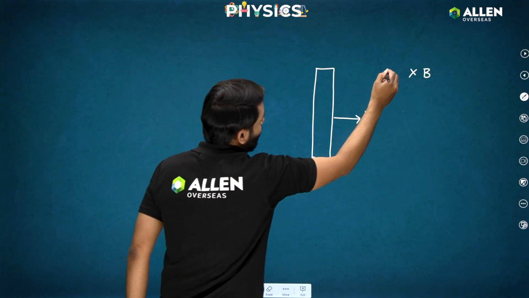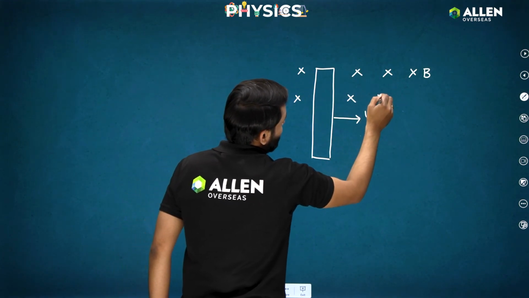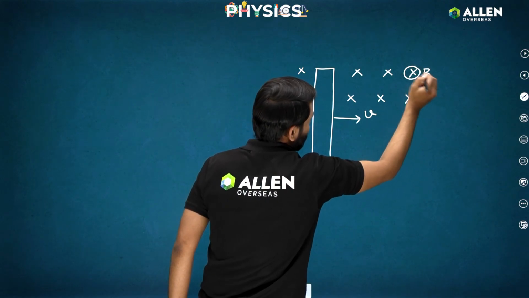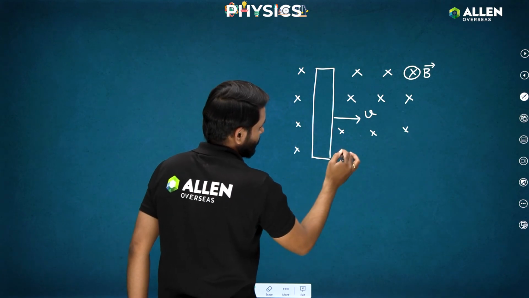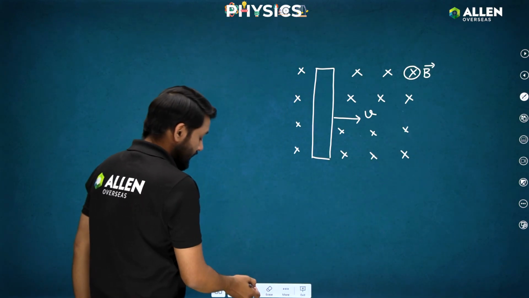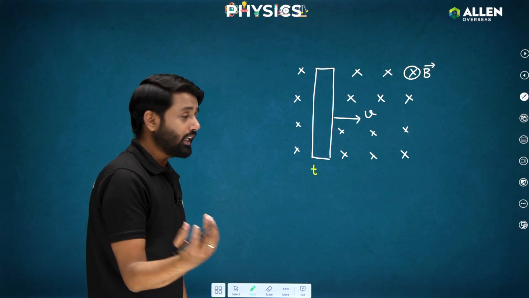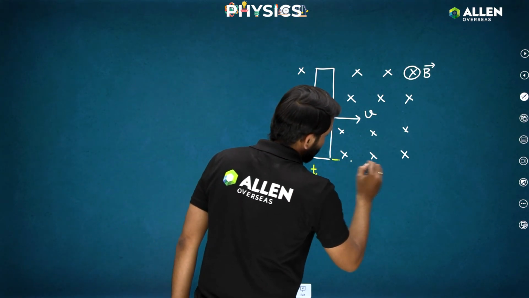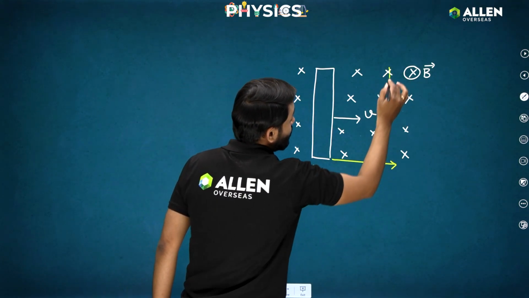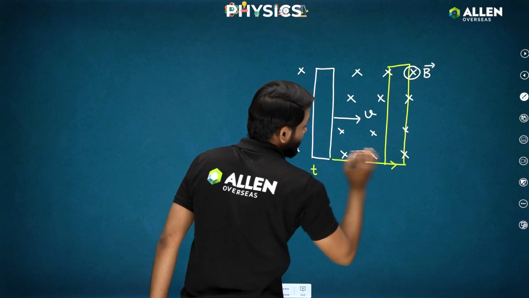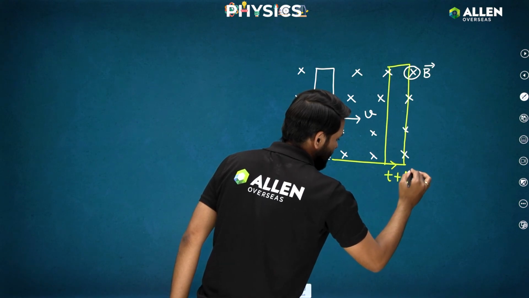This rod is moving in the inward magnetic field with velocity v. Let's say this is the position of the rod at any time t. After dt time, what will happen? This rod will travel some distance, and let's say this is the position of the rod after dt time. So I am writing t plus dt.